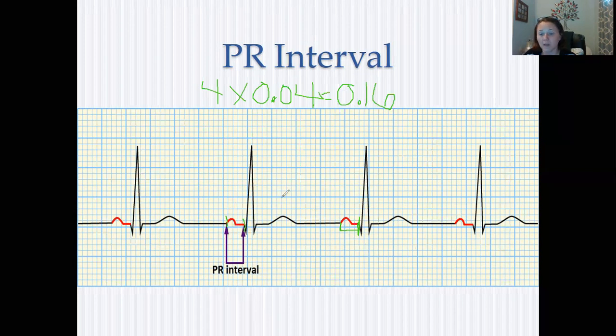A normal PR interval equals 0.12 to 0.20.